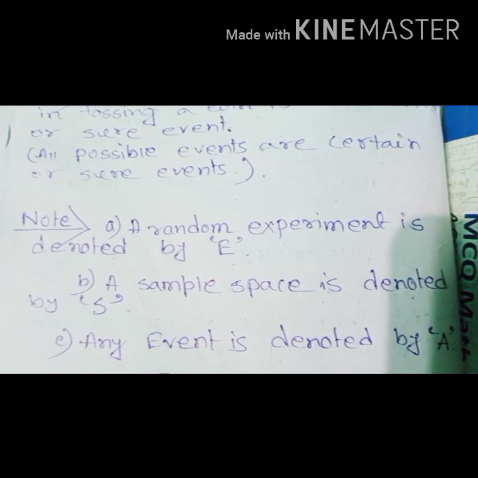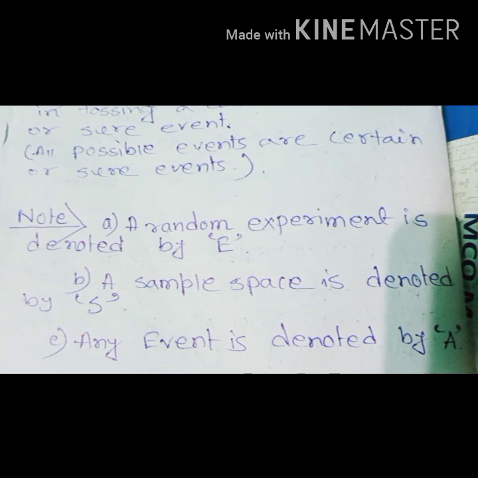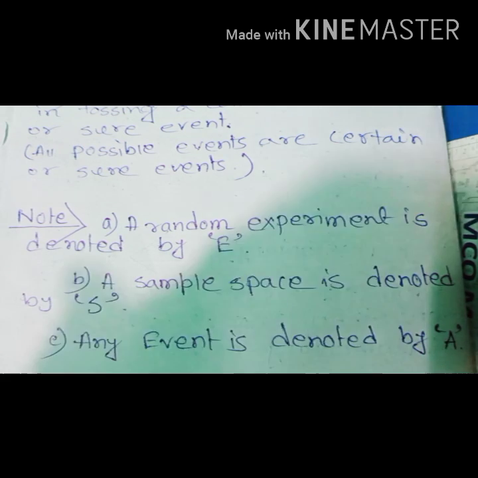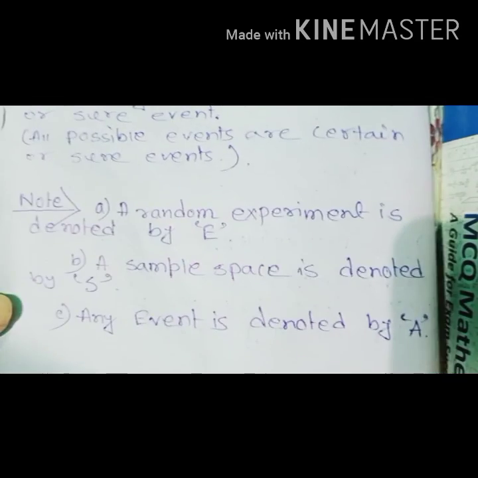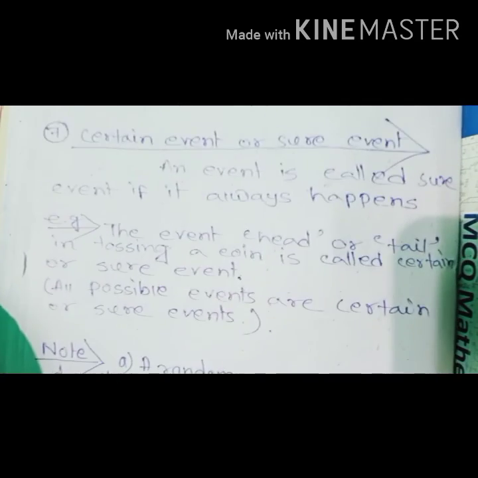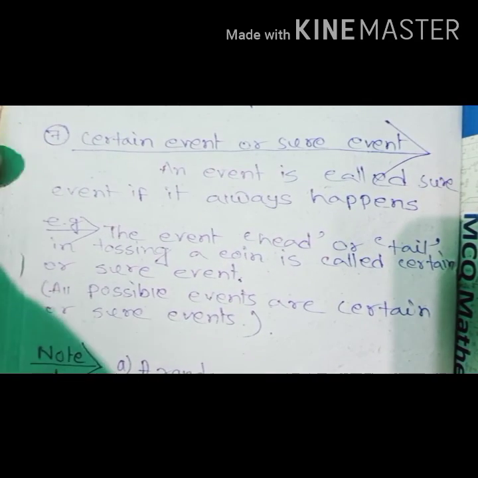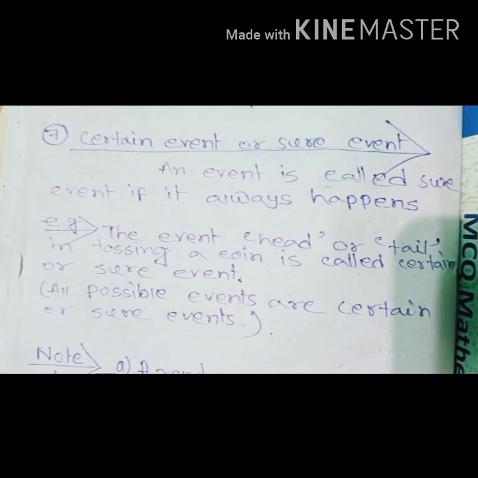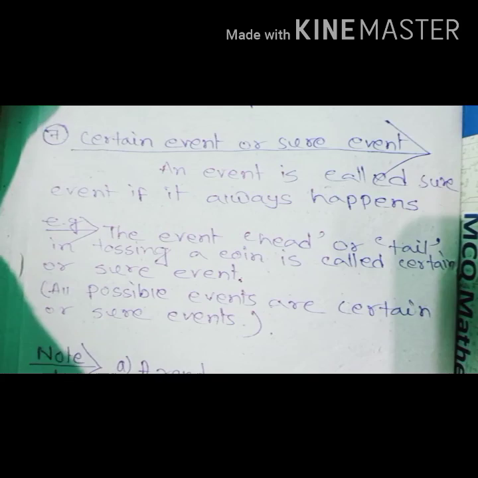There is another important note: a random experiment is denoted or written by capital E, a sample space is written by capital S, and any event is written by capital A. So these are the basics of probability theory, important basic definitions.